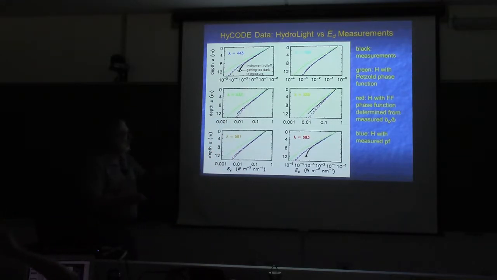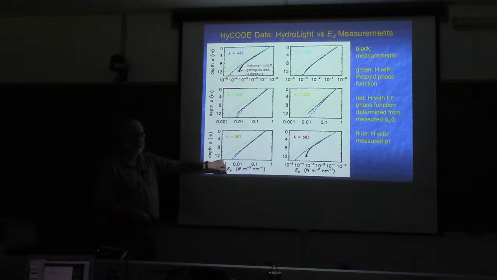So then, same story, other wavelengths, they may be a little off here, but basically they're pretty good. And Petzold is always off here by having too much or too little light.